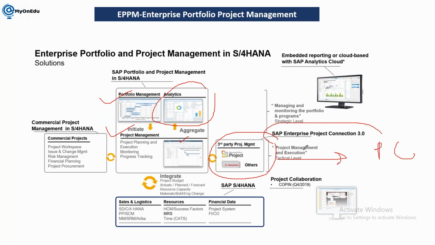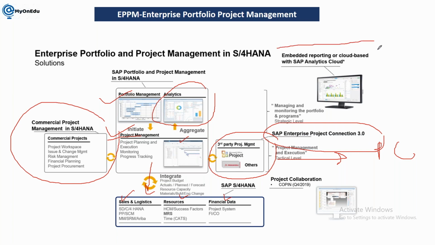These are the standard options we have here. We can integrate with project system, and here project system is integrated with different areas like sales and logistics, resources, and financial data. On the other side, the CPM system can also be integrated here. Then there is embedded reporting or cloud-based SAP Analytics Cloud. These are separate options we have here. So everything comes together in one box, this portion.